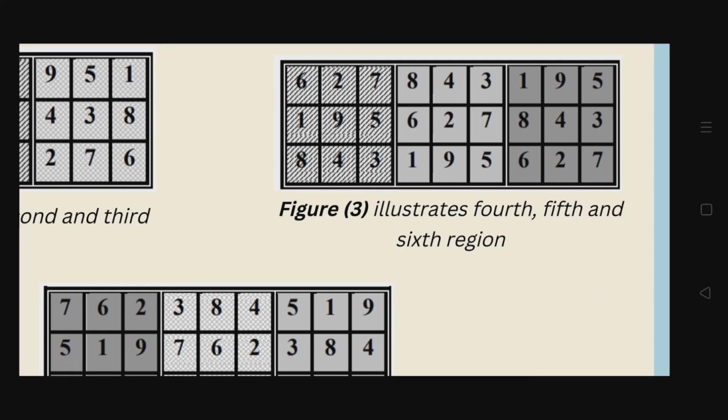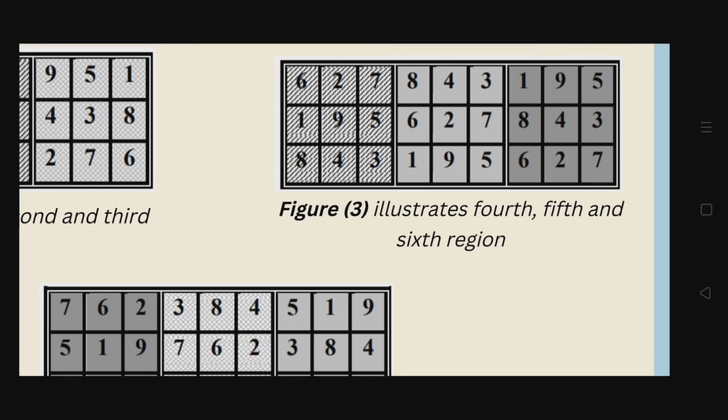Okay, now let's proceed to the fifth region. The fifth region is in step 6. So generate the fifth subgrid or fifth region in the Sudoku grid by shifting to the right the matrix or subgrid in step 3. So we base it on step 3, which is our second region.